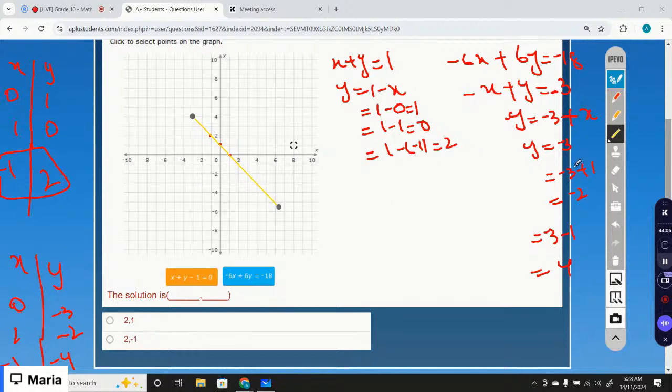Let's plot the second one. x is 0, y is negative 3. x is 1, y is negative 2. x is negative 1, y is negative 4. Let's make a line.